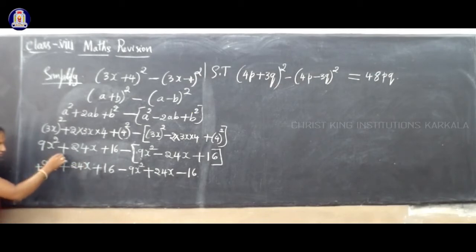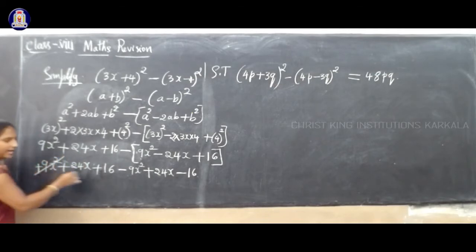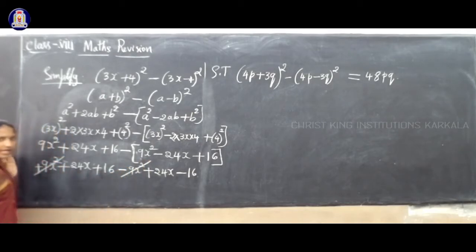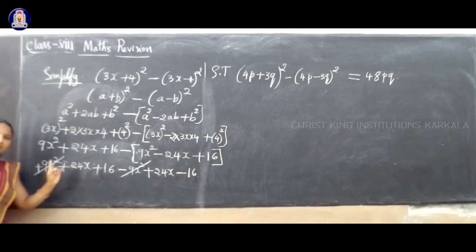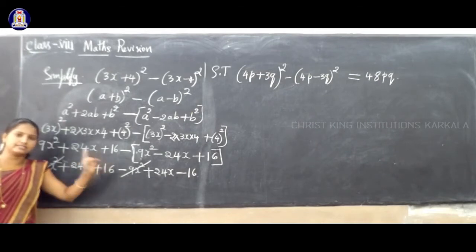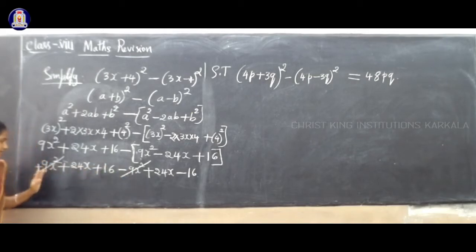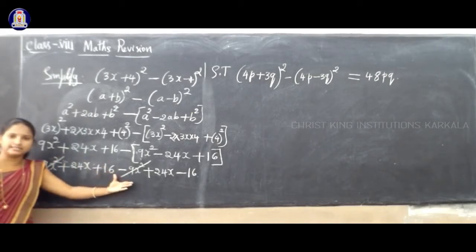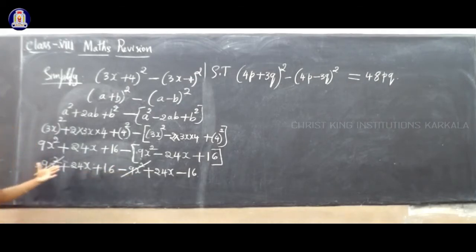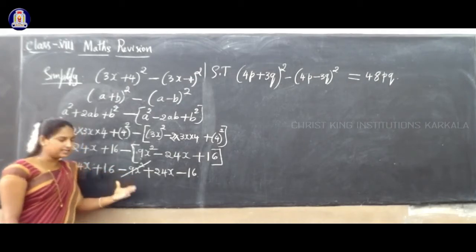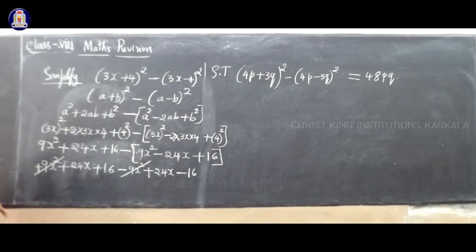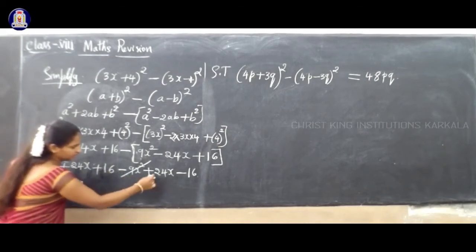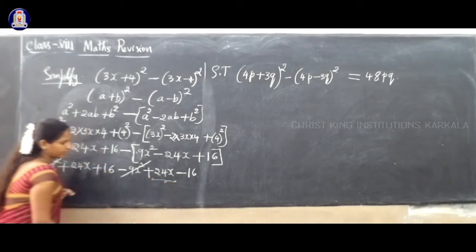Now plus 9x square and minus 9x square get cancelled, because 9 minus 9, different signs, subtraction, is 0. So this term will get cancelled. The next term: here plus 24x, and here also plus 24x.